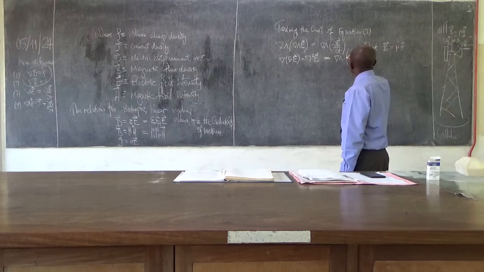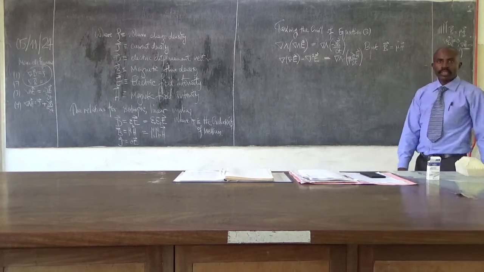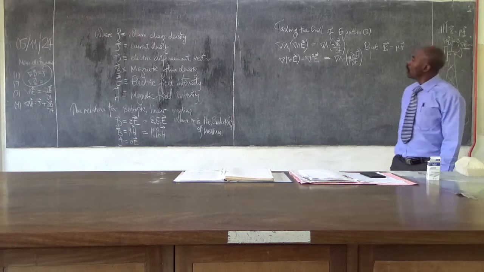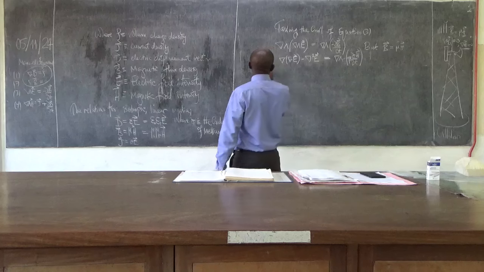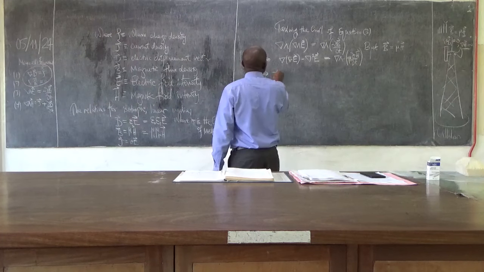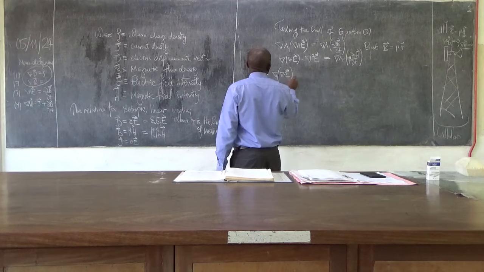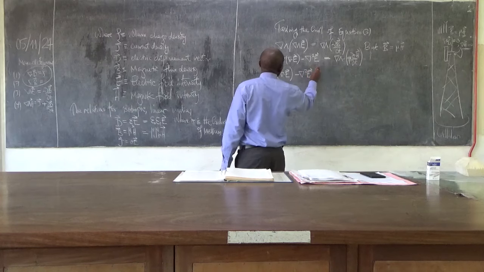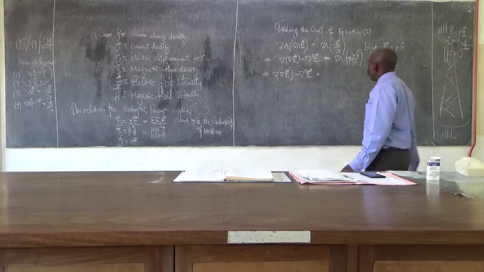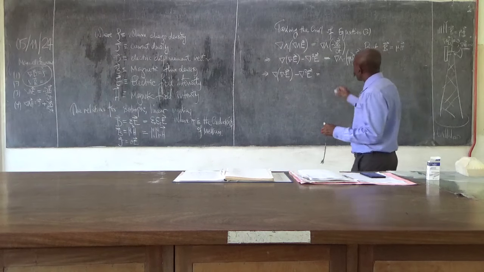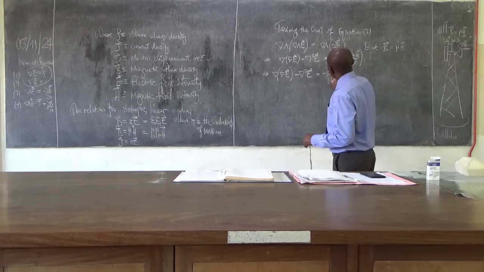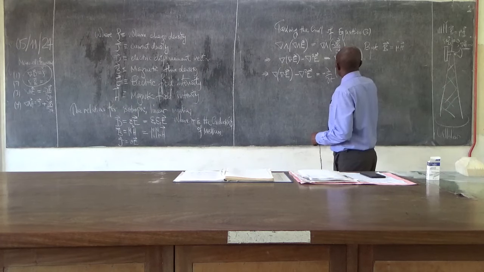So this one will be minus mu, and then we have H. Is that okay? Good. So this would imply that we have grad divergence of E minus grad square E being the same as, now we can put the minus outside, the partial by partial t outside, and now we have the inside being the curl of H.